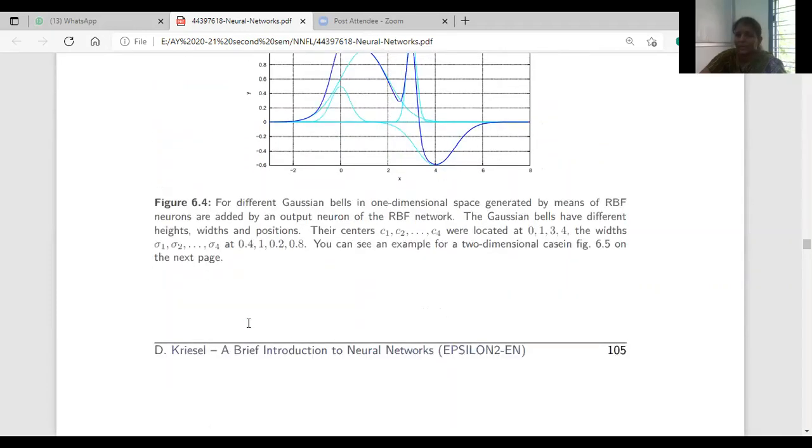Different Gaussian bells in one dimension, RBF neurons, are added by an output neuron of the RBF network. So the Gaussian bells, the activation function, have different heights, widths, and positions.